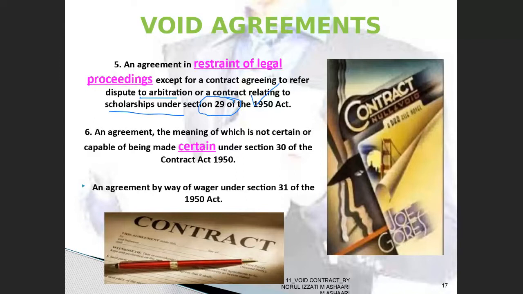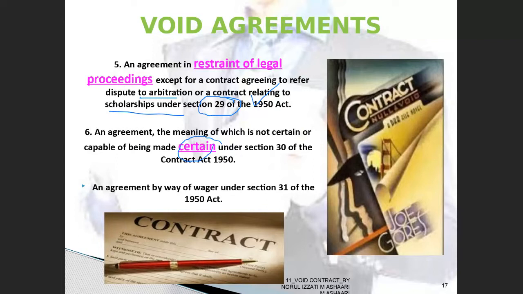An agreement the meaning of which is not certain or capable of being made certain, under section 30, is considered void. If you remember, at the early stage of learning law of contract, we saw that in order for us to give the offer, it must be certain.